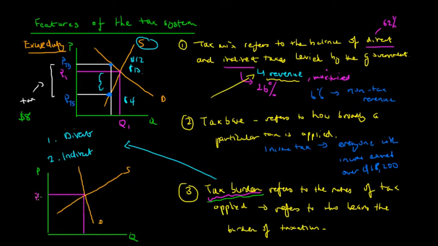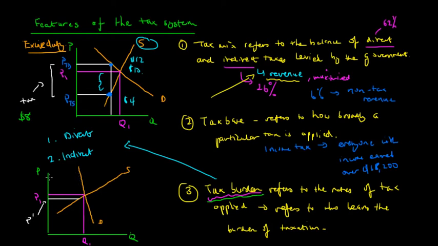Before taxation, the equilibrium price was P1 and the equilibrium quantity was Q1. With taxation applied, the price suppliers receive hasn't changed a lot; it is only at, say, P dash.